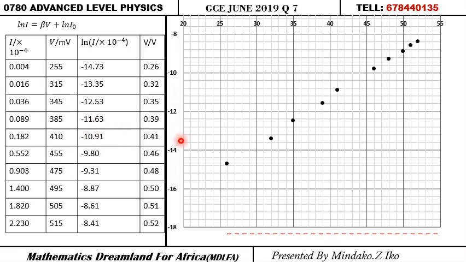But anyway, if you cannot figure that out directly, just take this value. It means we take this negative 14.7, right? Note I'm plotting using one decimal place, not two decimal places. So it's negative 14.7. Then you increase the value to, let me say, negative 16.0. And then coming to this other direction, this is negative 8.41.